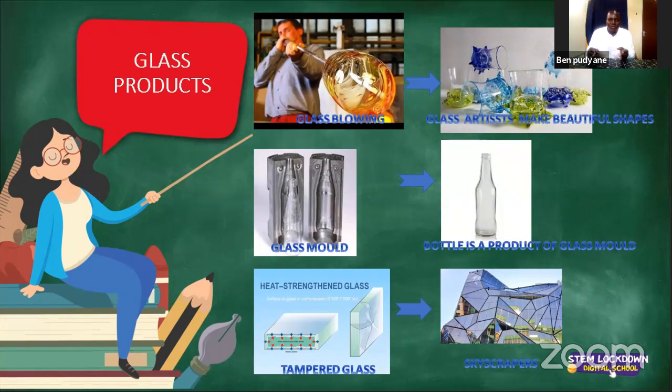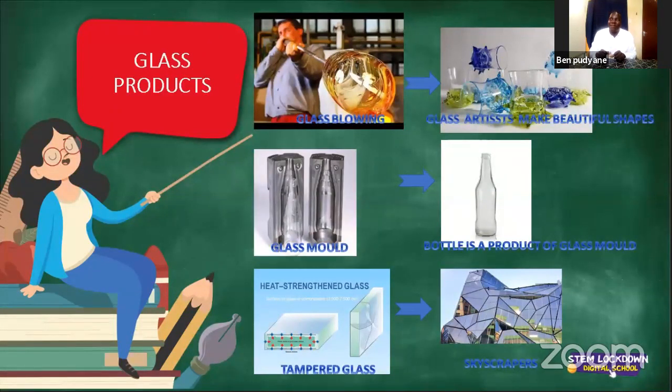Then you can also use the mold. When the glass is still a liquid, they can use a mold, something that has a particular shape, like the bottle you can see, then it can make that type of shape. Or they can make a very strong glass. It's called tempered glass.